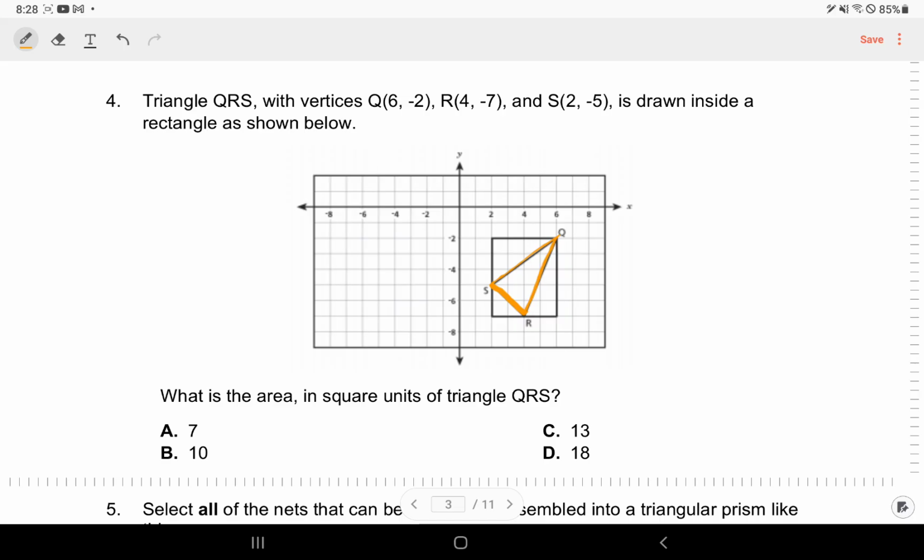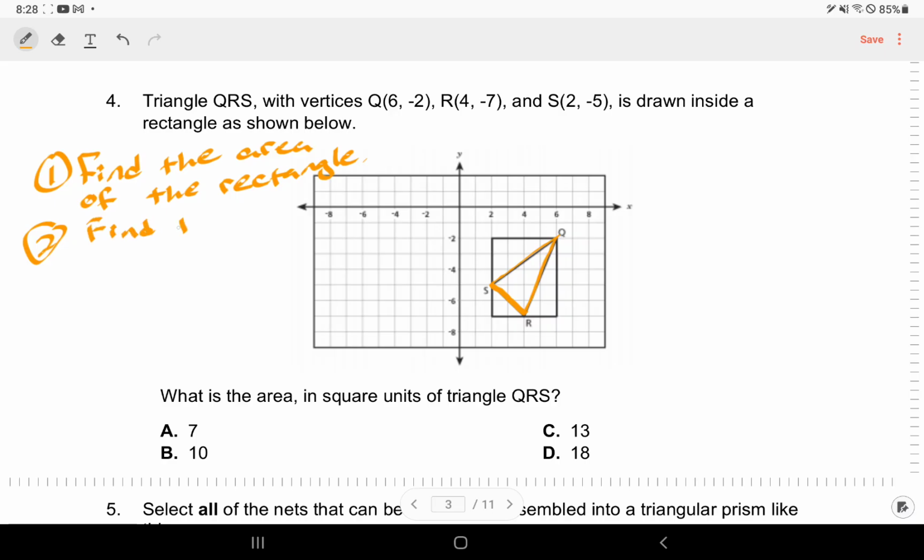And so the easiest way to do this is 1, find the area of the rectangle. 2, find the area of other triangles.